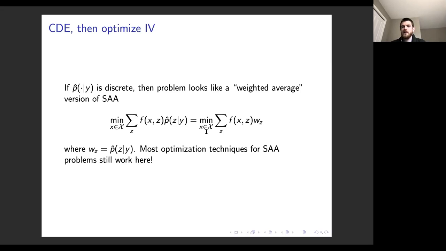And then when you get an observation of the side information, you translate that joint density, then you can get the conditional density from that. And that gives you this optimization problem, and you solve that to get your action. And so your policy is basically the one that's implied by this optimization subproblem, if that makes sense.